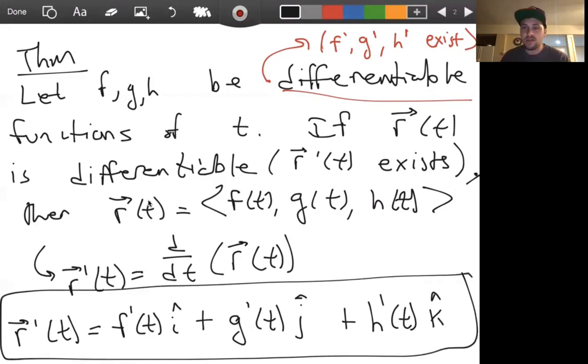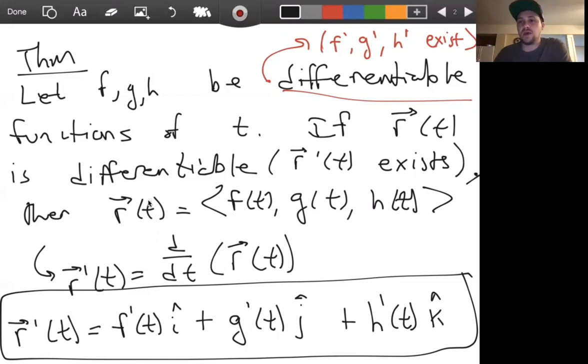And so we can calculate the derivative component-wise. And this makes perfect sense because if you recall in the last video, we learned that you can calculate limits component-wise. The limit of a vector valued function just means you take the limit in each component.